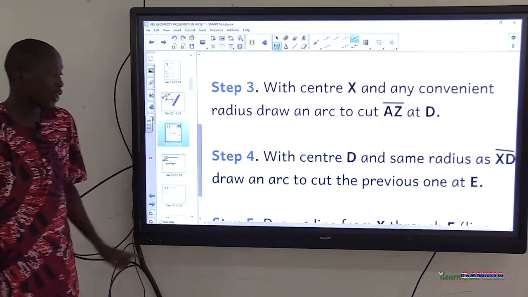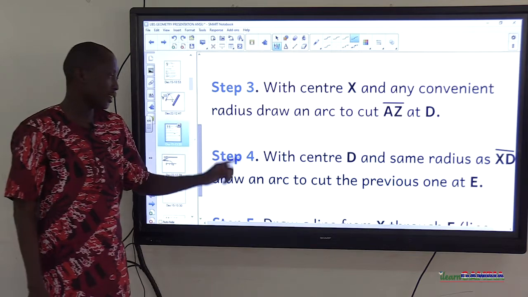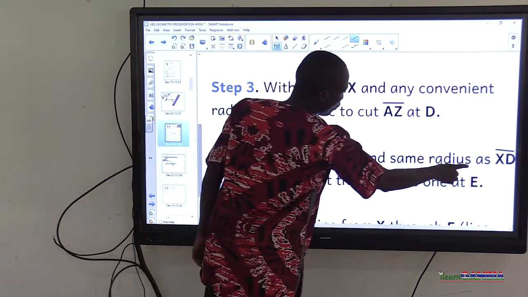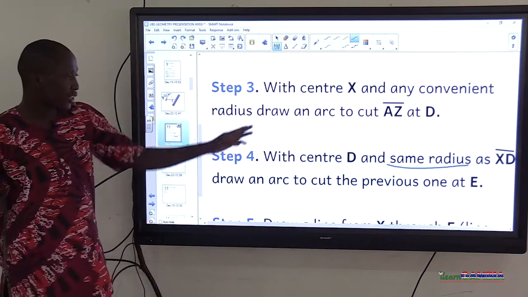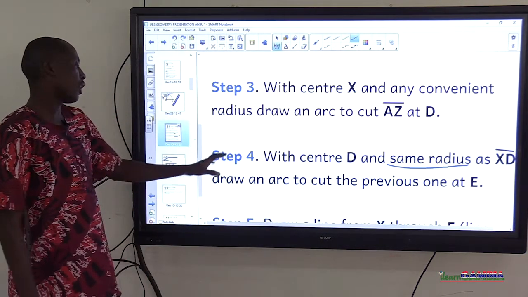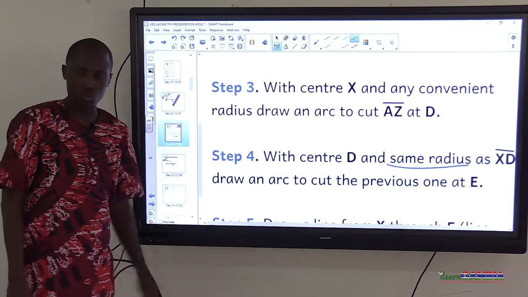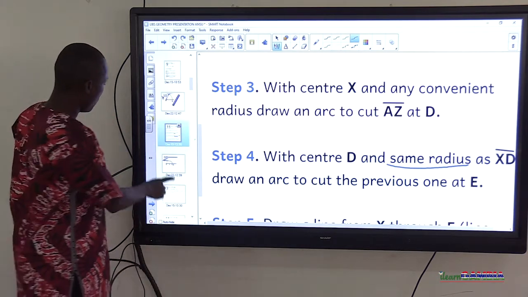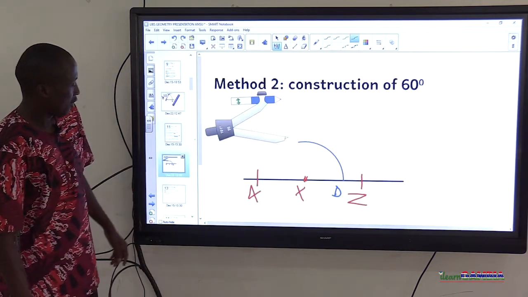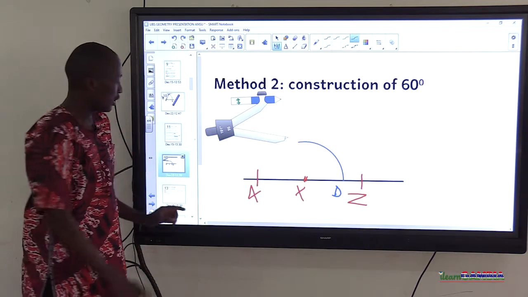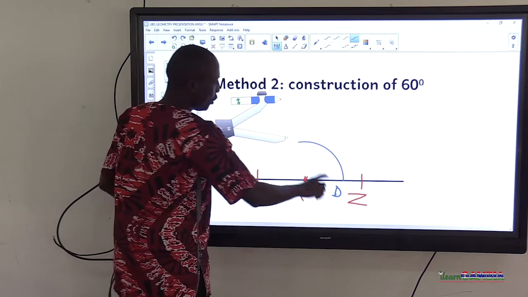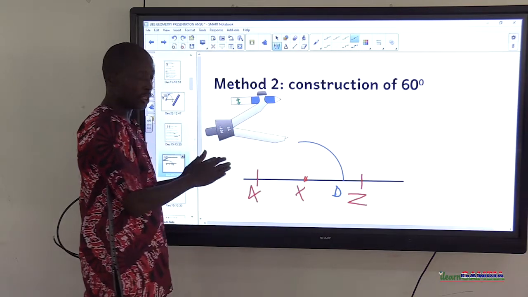Step 4 says with center D and the keywords here, the same radius as XD, draw an arc to cut the previous one at E. We use the same radius that we were using.